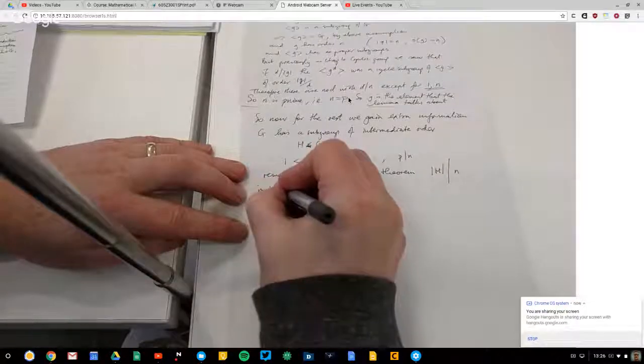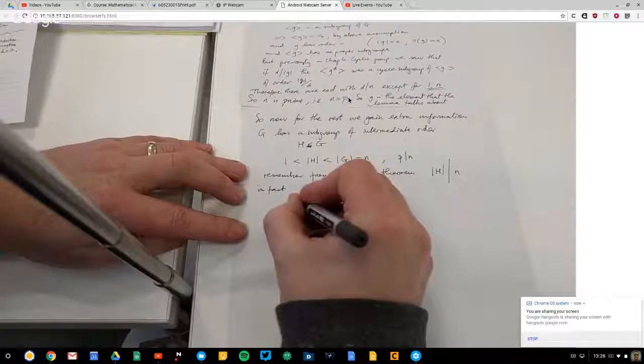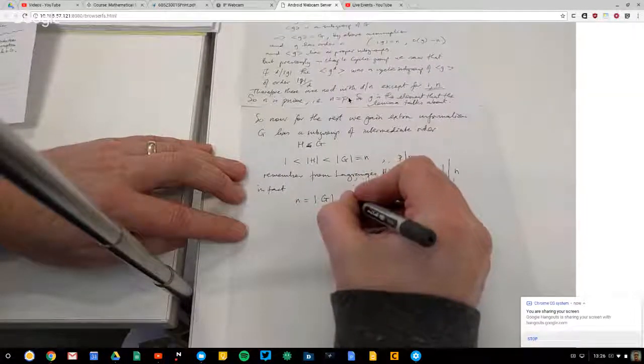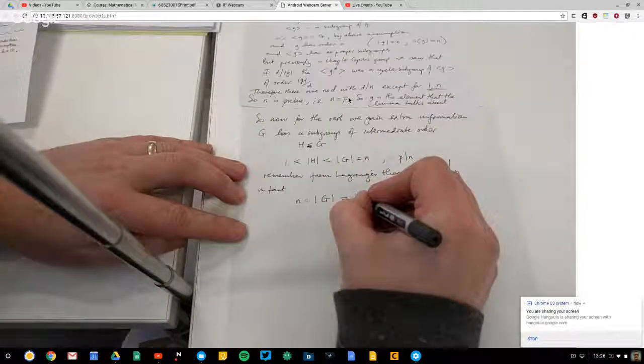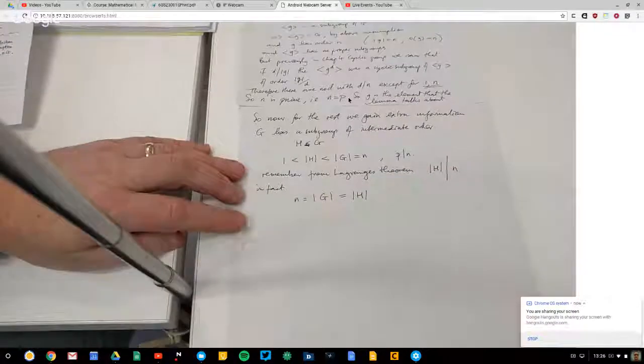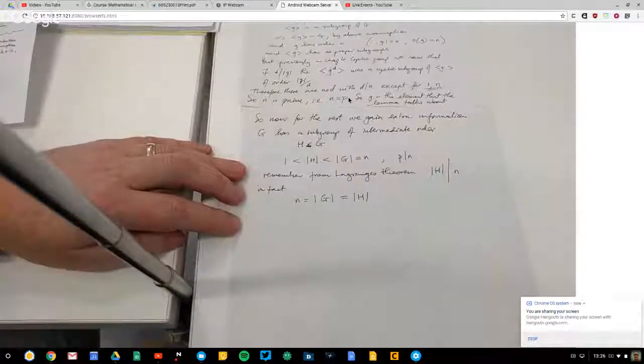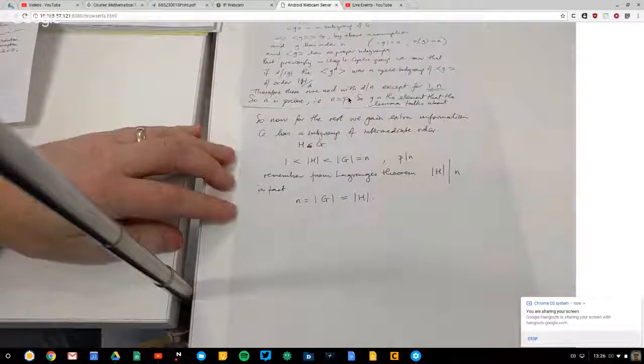And in fact, we get this nice factorization that n, which is the order of G, we can write as a product: the order of H multiplied by something. What's that? It's the number of cosets of H in G, isn't it?